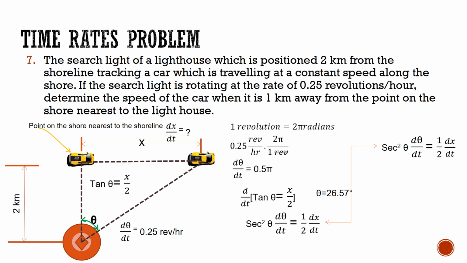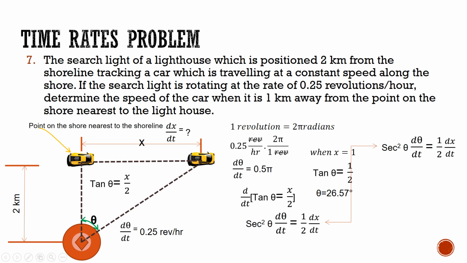Of course, we need the value of theta here, so we can obtain that by having x equal to 1. That is actually a condition in the problem when it is 1 kilometer away from the point on the shore nearest to the lighthouse. When x is equal to 1, we just have to substitute it on the original equation.